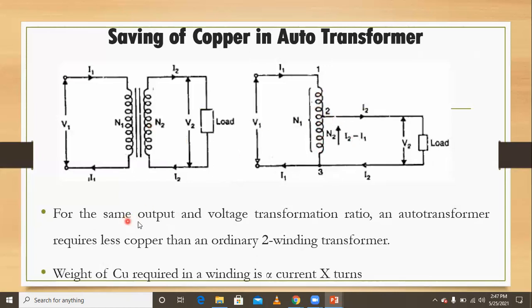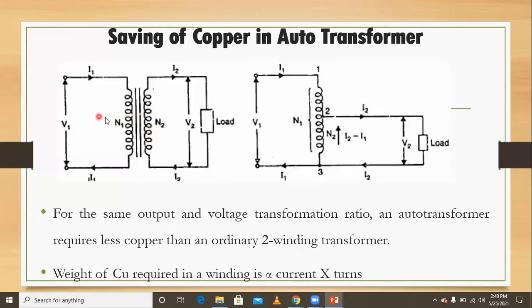For the same output and voltage transformation ratio, an auto transformer requires less copper than an ordinary two winding transformer.